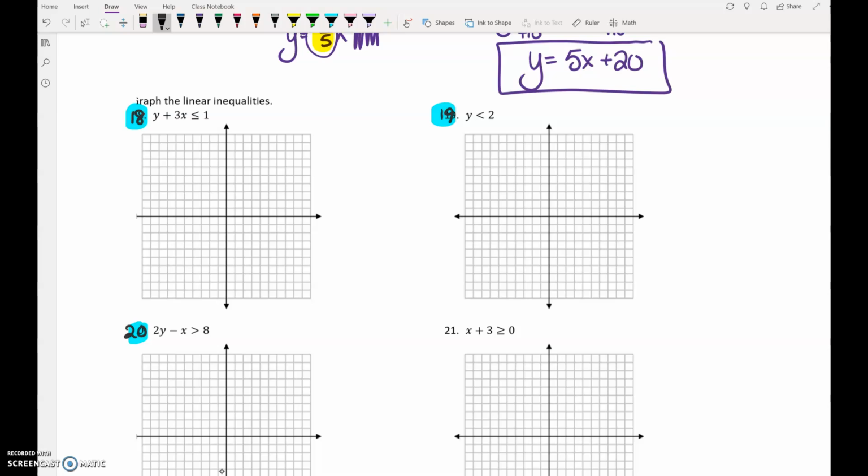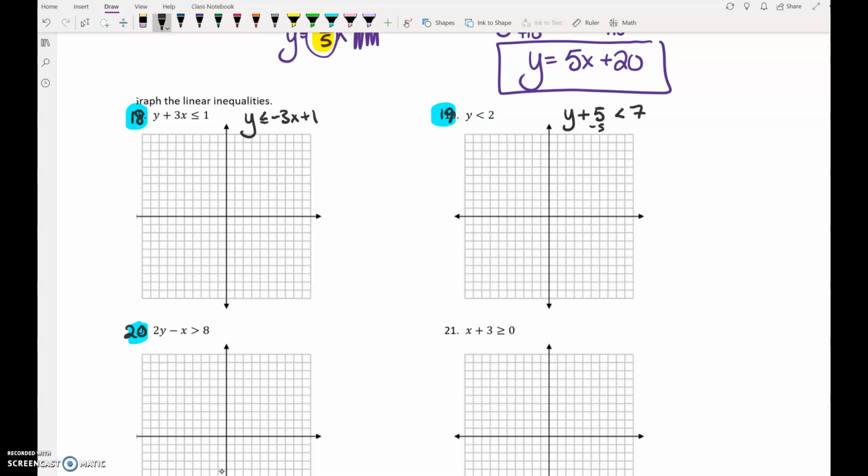One thing I noticed is that you're going to have to do something to each inequality before it's going to be completely ready. So for example, on this one, you'd have to subtract 3x on both sides before you could graph. This one on the test, if this one was on the test, it might be something like y plus 5 is less than 7.